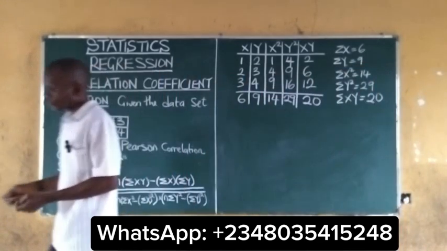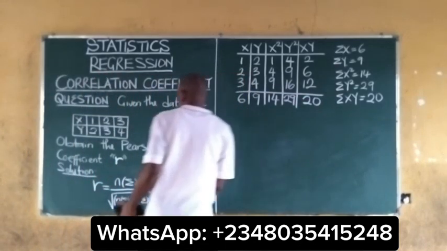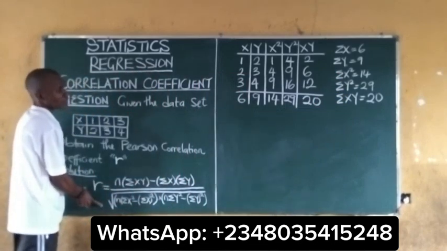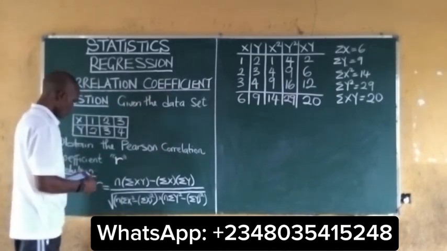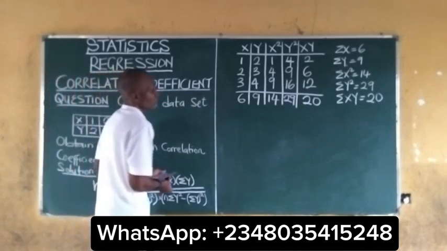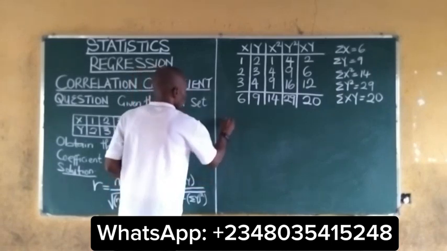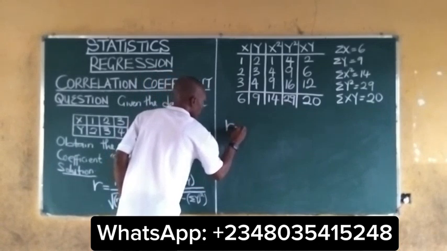The next thing to do is to substitute these values into the Pearson correlation coefficient formula. So we substitute those values into this formula to get our answer. The best thing to do is to write our R.